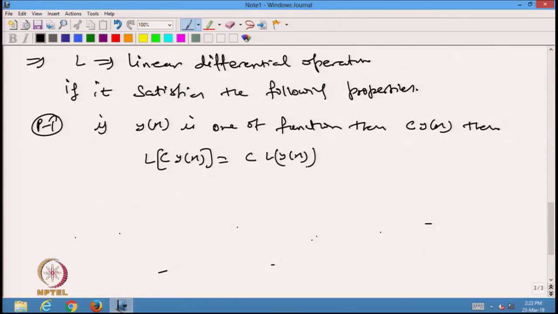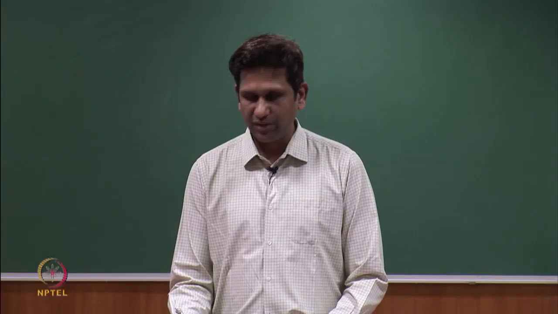This is the function I have defined as my L here, and now I do the scalar multiplication of y(x) and operate on the same function, then I should get this one.